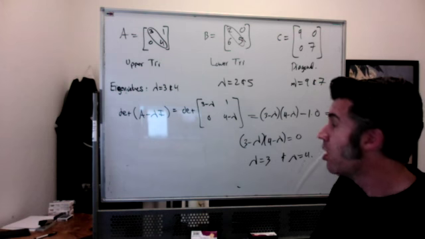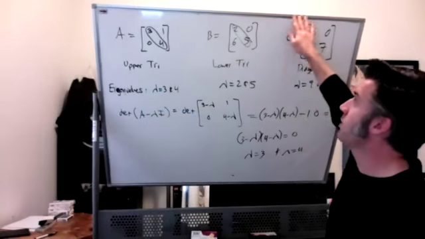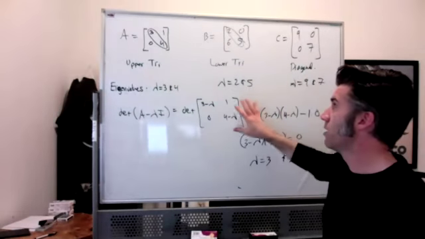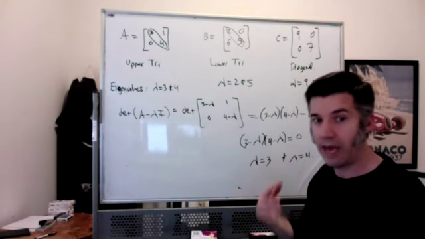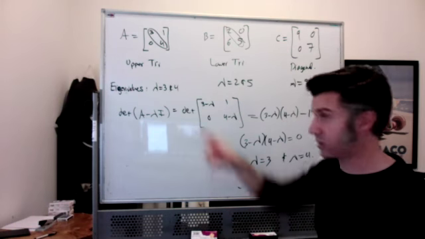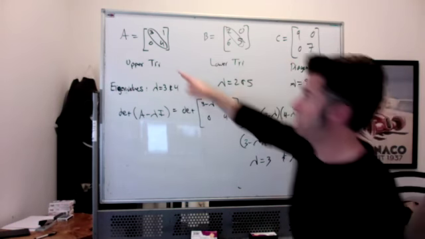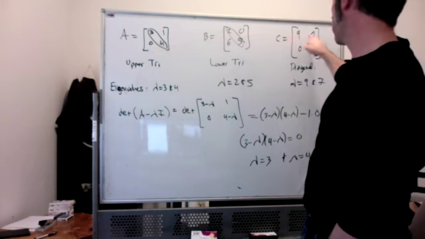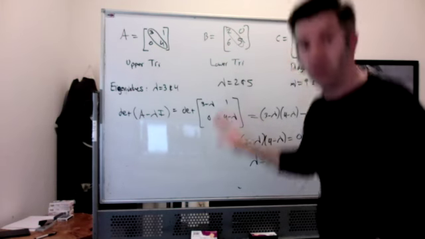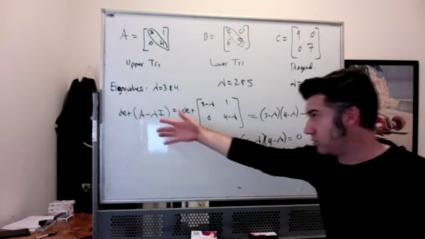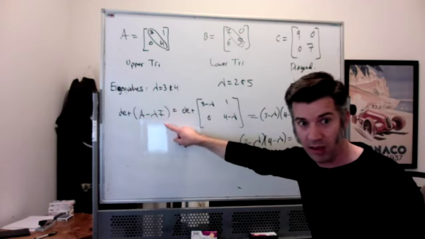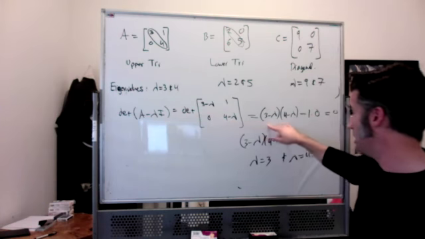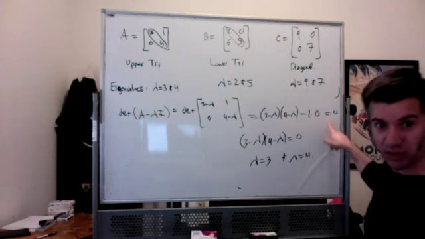Oh yeah. So what I'm saying is that if we happen to have a special matrix like these, where you have a 0 here, or a 0 here, or a 0 here, you can still do it the regular way and say, it's the determinant of A minus lambda I. It's this, and we solve this equation equal to 0.